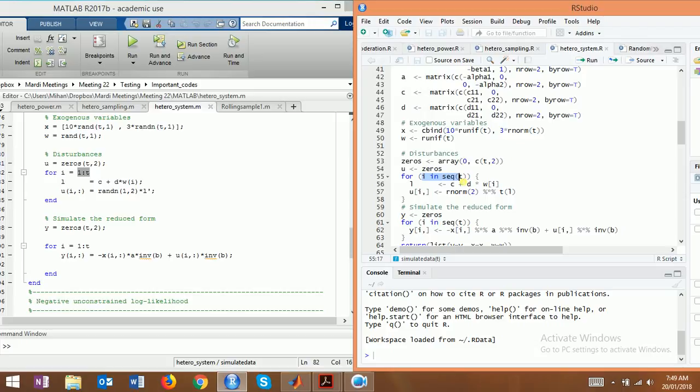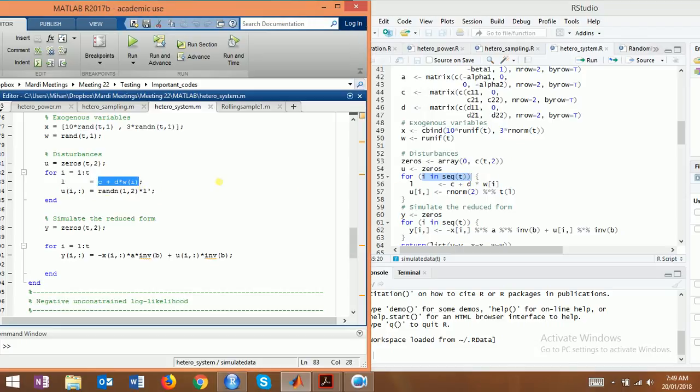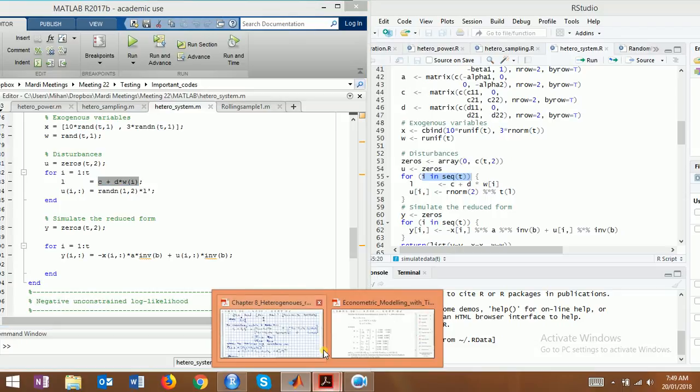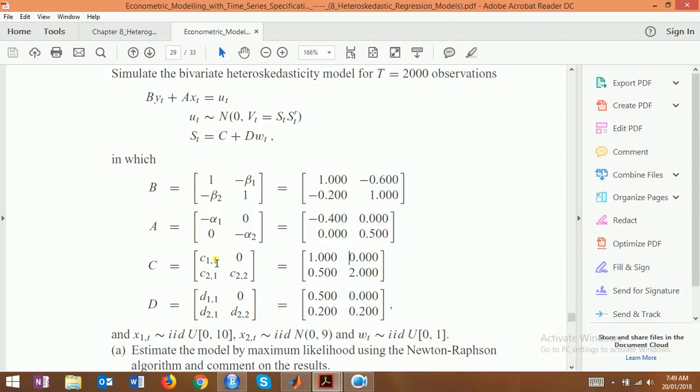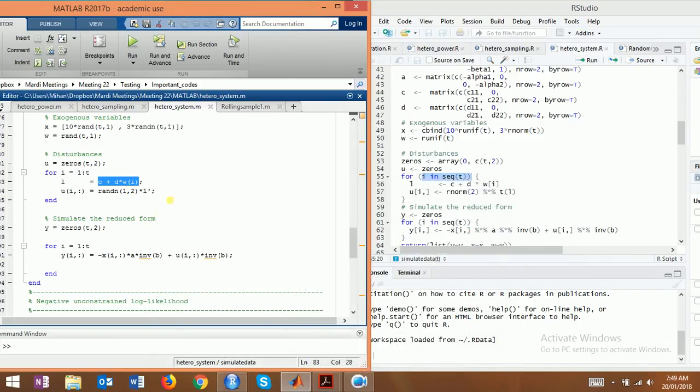sequence T, which is 1 to T, L is C dwi, because W, we have how many W's? We have dw i, d1,1, d2,1, d2,2, so many dwi. U i for i rows, for all columns, because there are multiple columns.